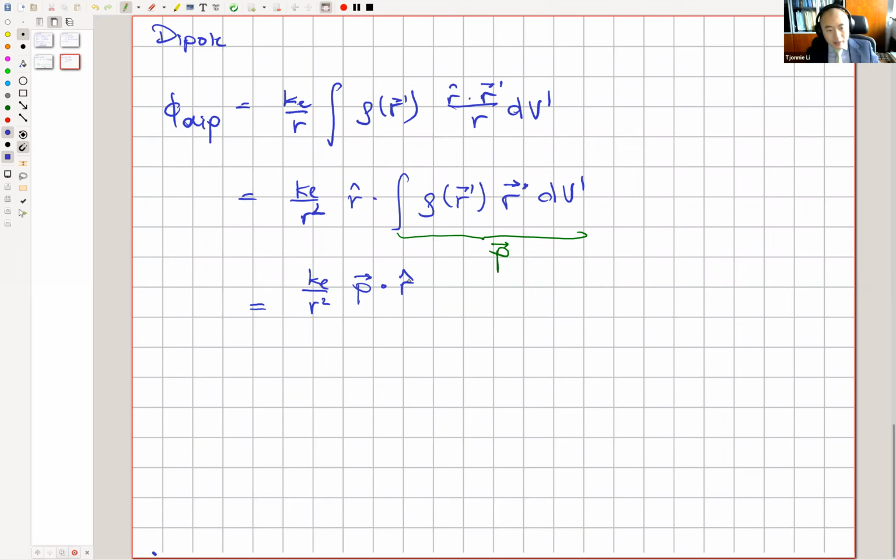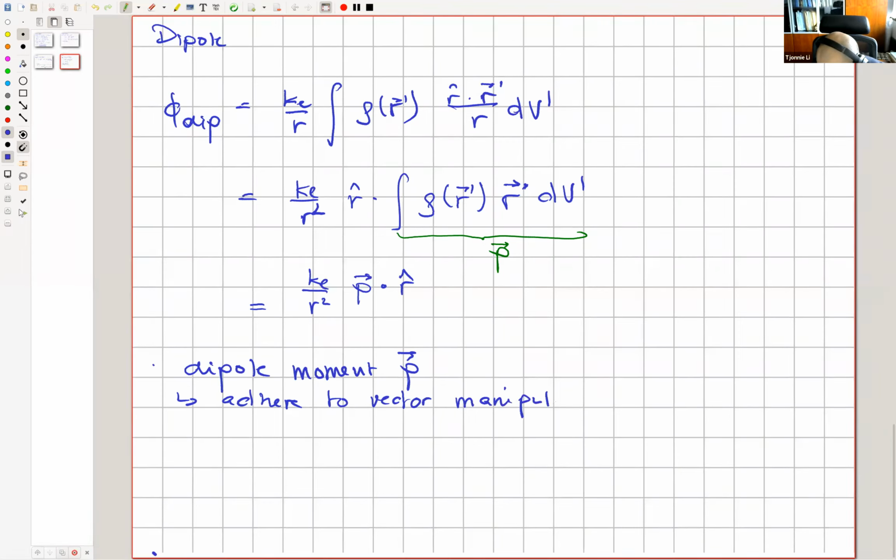Since this is a vector, I've defined a so-called dipole moment, given by P. And this dipole moment just adheres to vector manipulation rules. For example, I could add two dipole moments together, but I will have to do it in a vector addition way.